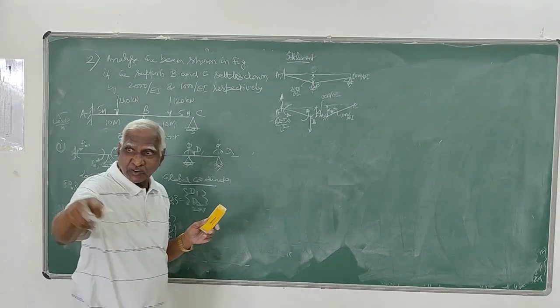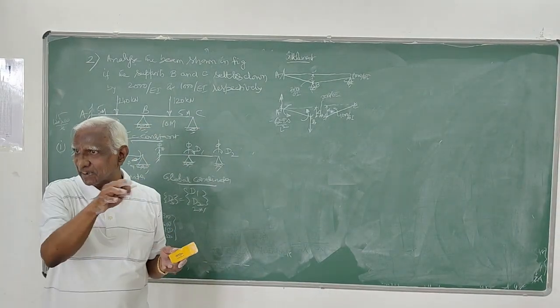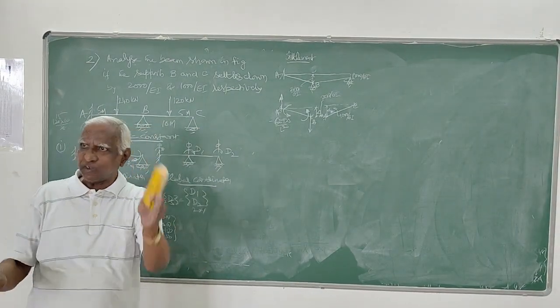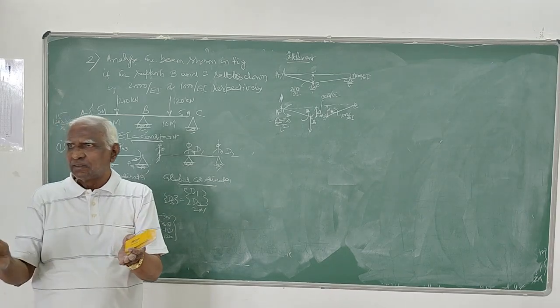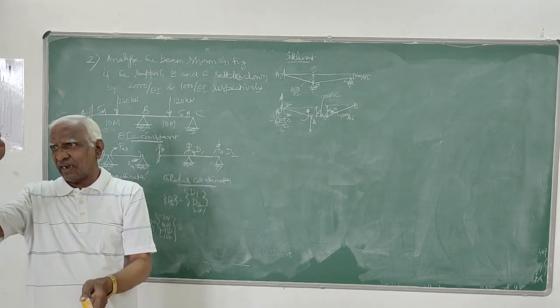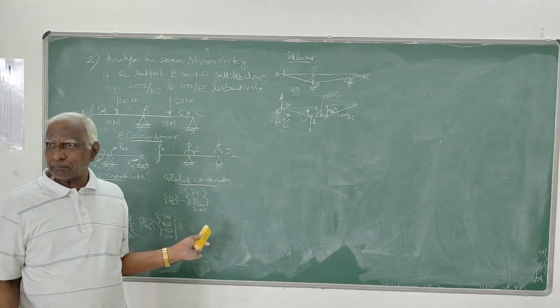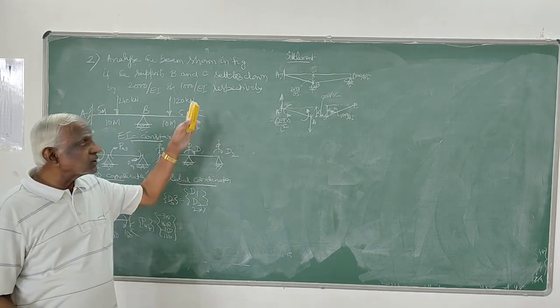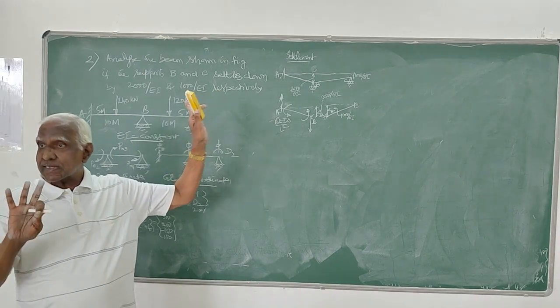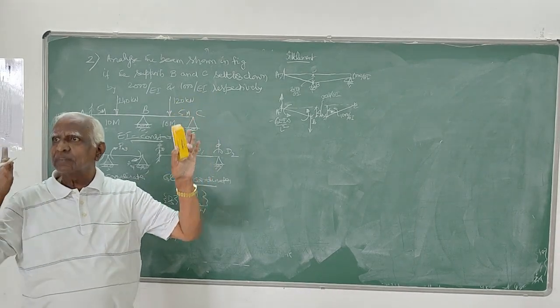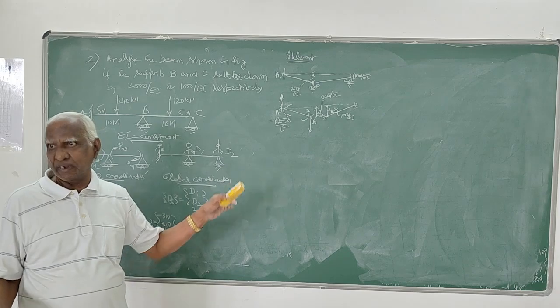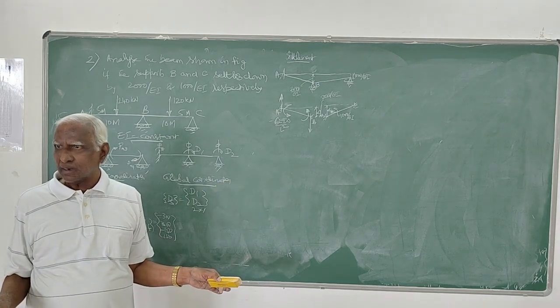This is what you have taken in the slope deflection equation: rotation 4EI by L, 2EI by L, and translation, relative translation, sway. What I worked out in the earlier problem is non-sway. This is a sway problem, but sway is not unknown, sway is known. Known sway in the case of beams, right?